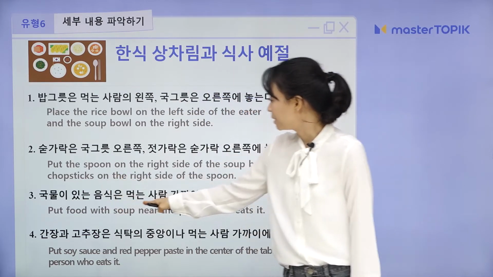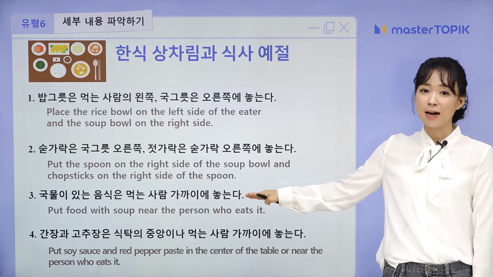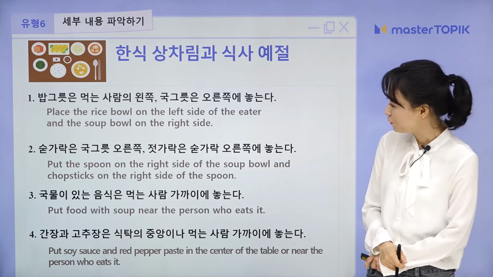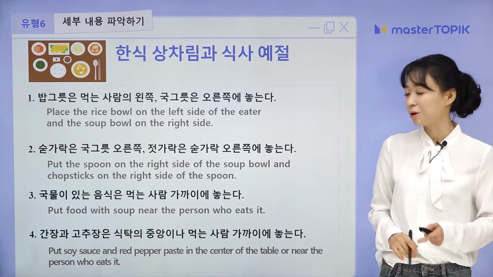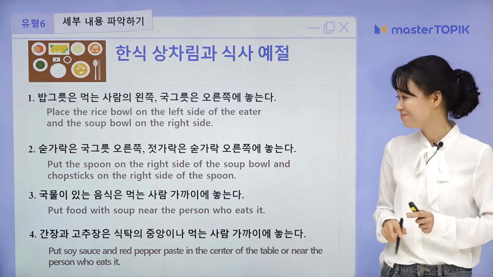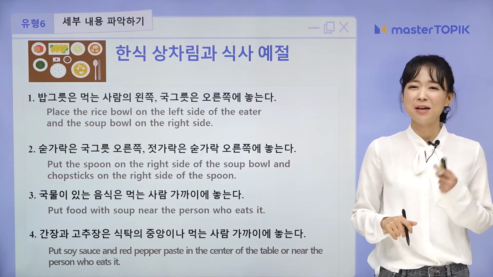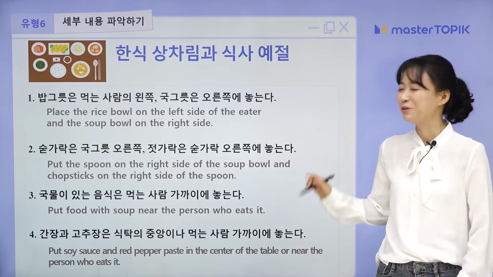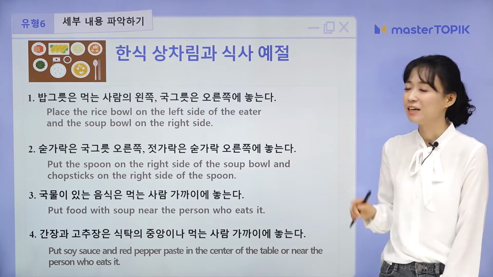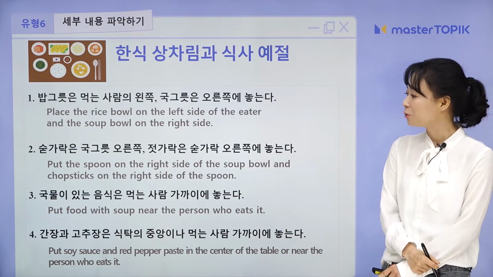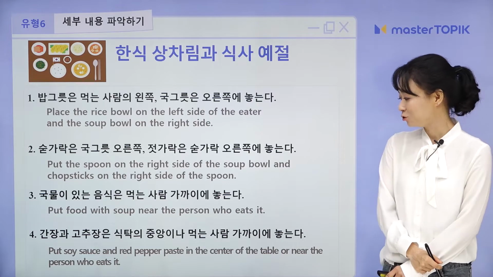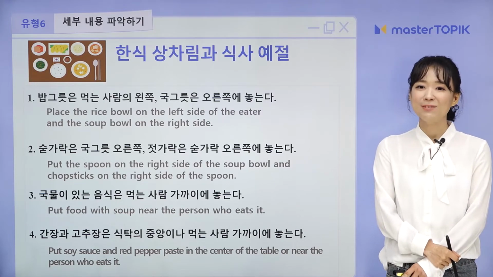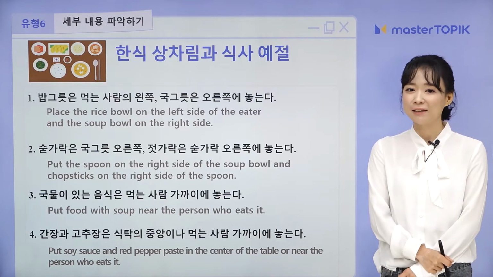국물이 있는 음식은 먹는 사람 가까이에 놓는다. Put food with soup near the person who eats it. Because in Korean food, there are many dishes with soup. So you have to keep it in your mind. Number 4. 간장과 고추장은 식탁의 중앙이나 먹는 사람 가까이에 놓는다.